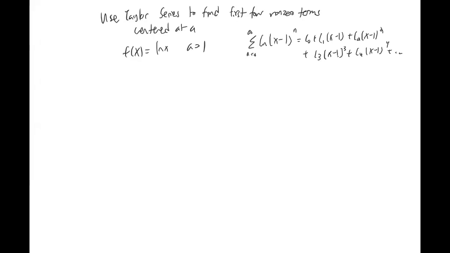So that's why they only ask you for the first 4 non-zero terms. So same idea: Cn is Fn at A, which is 1 here. The previous one was Fn at 0 because we were centered at 0. Now they want you centered at 1, so it's Fn at 1.